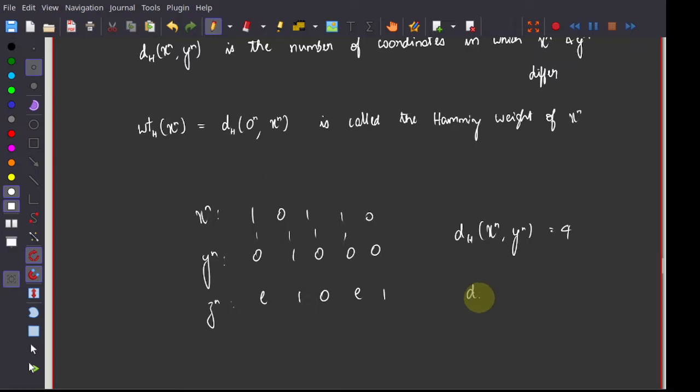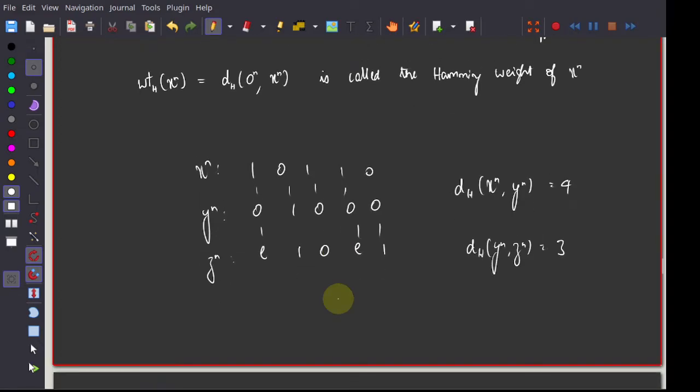So what is the Hamming distance between yn and Zn? Three. They differ in exactly these locations, this one, this one. So the Hamming distance is 3. What is the Hamming weight of Zn? 4, right? Because there are 4 non-zero elements.